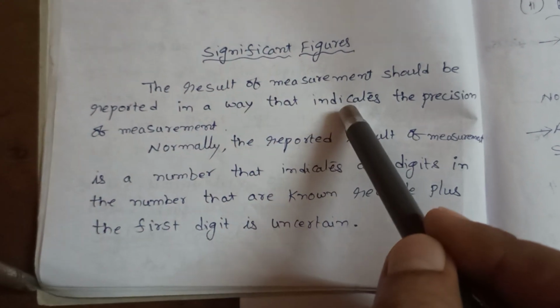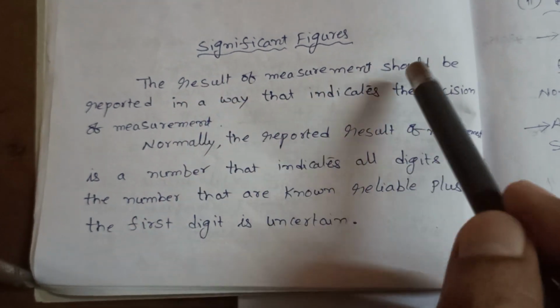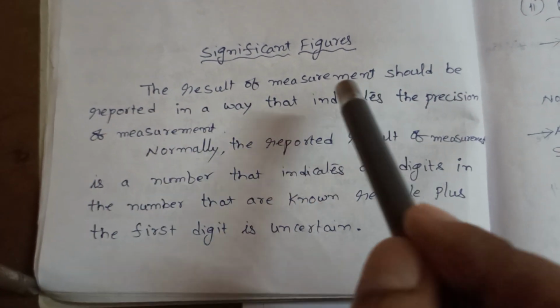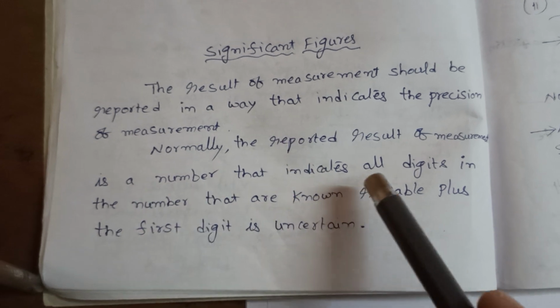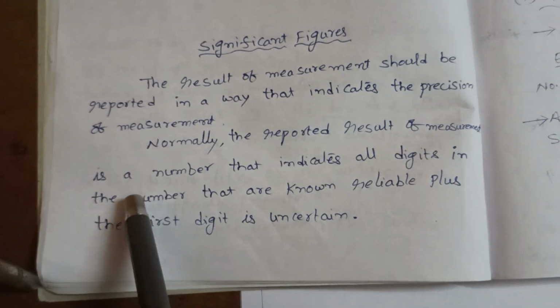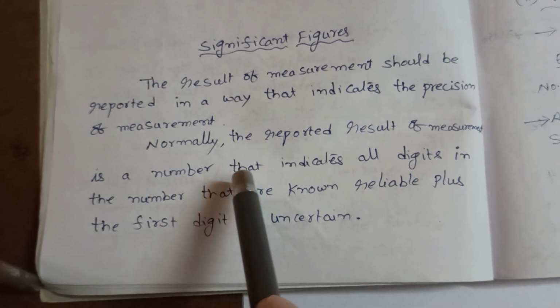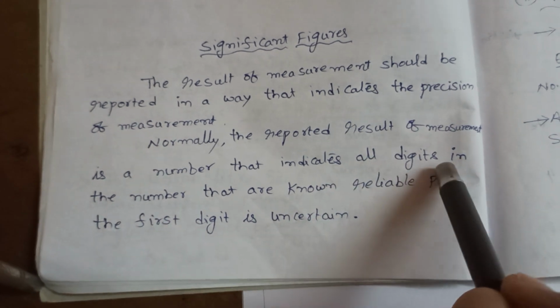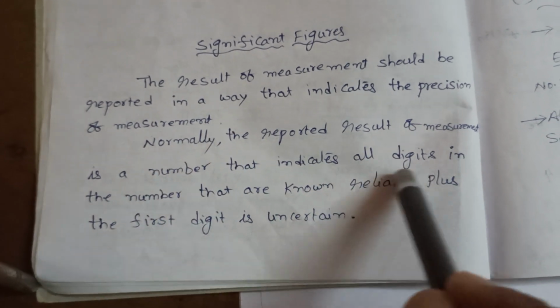This result, what we have obtained from measuring anything, is a number that indicates all digits.